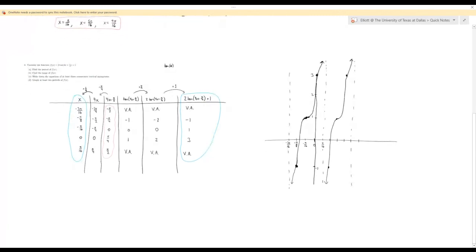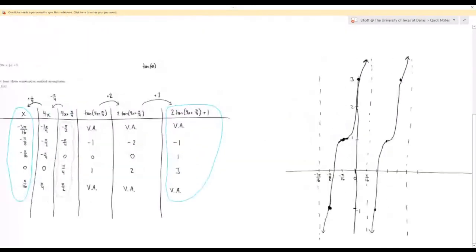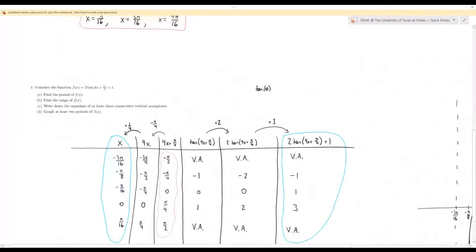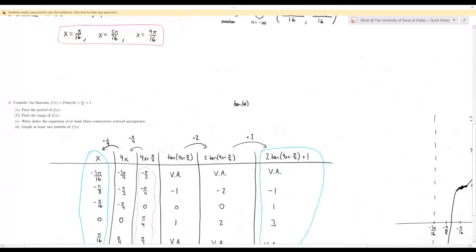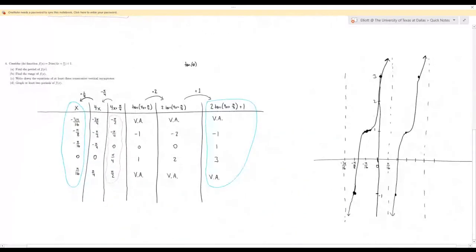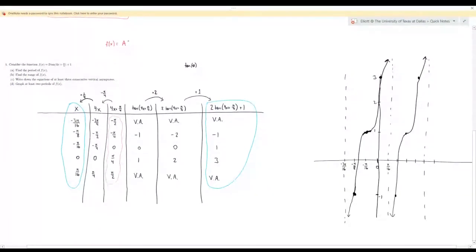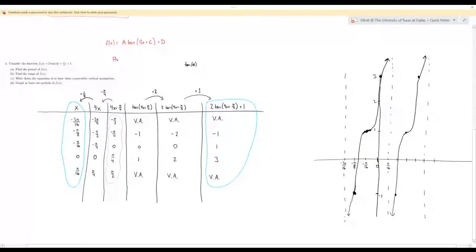Okay. Oh, right, I see. Okay, so for the phase shift, I guess the phase shift would be the same for all the trig functions.